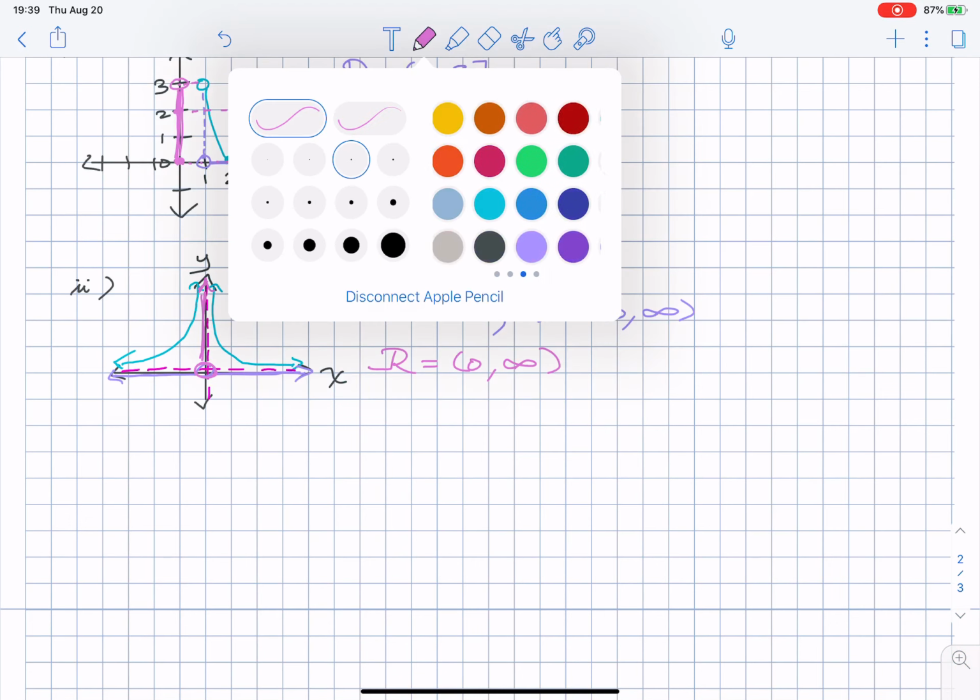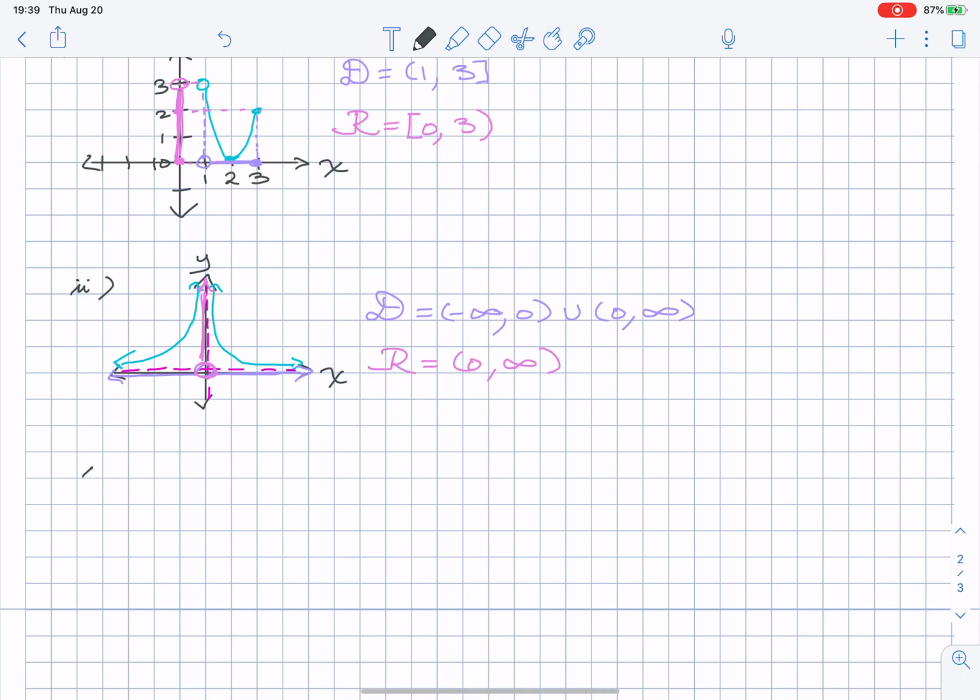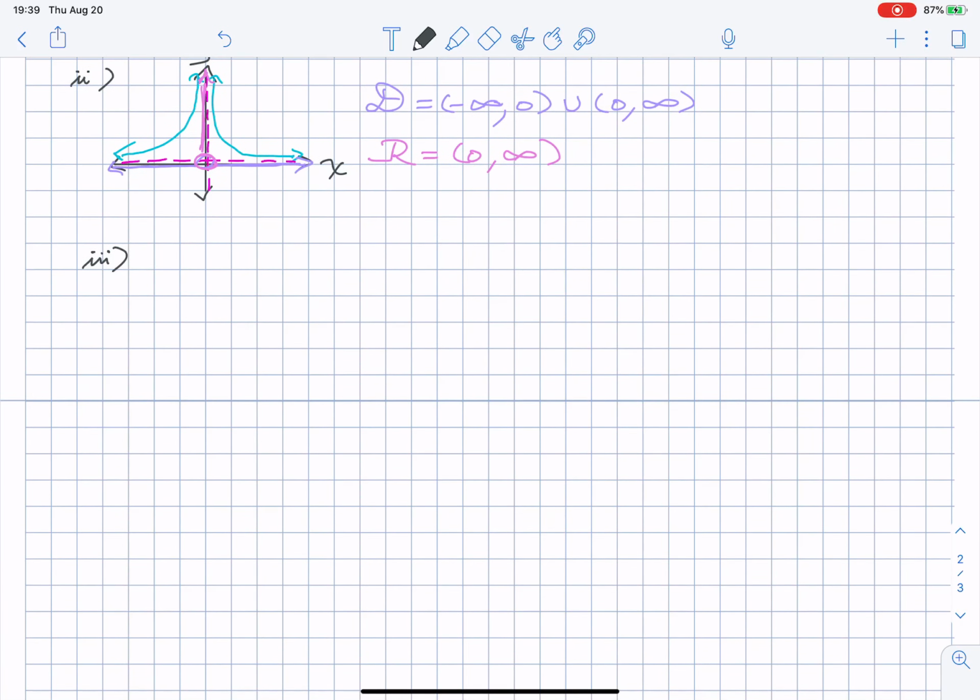Let's do one more for good measure. So number 3. Let's say we have x and y, with 1, 2 on each axis.